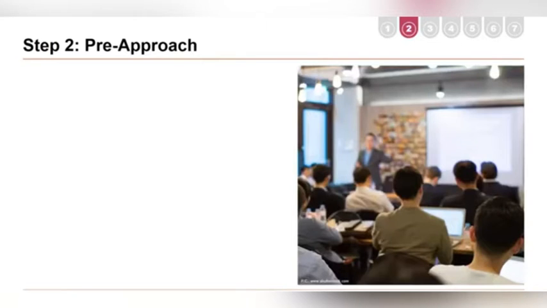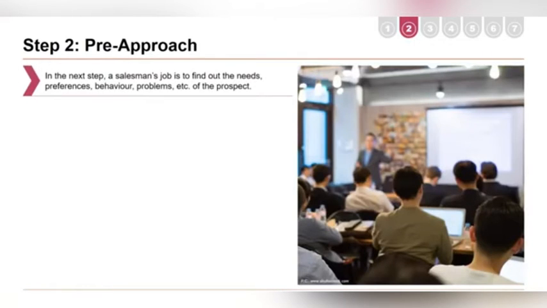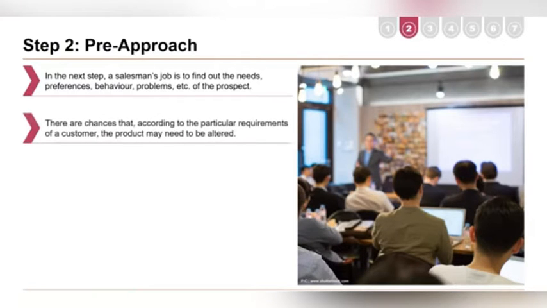Move on. Second step is pre-approach. In this step, a salesman's job is to find out the needs, preference, behavior, problem, etc. of the prospect. There are chances that according to the particular requirements of a customer, the product may need to be altered.